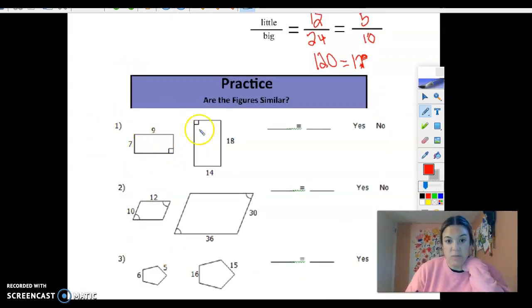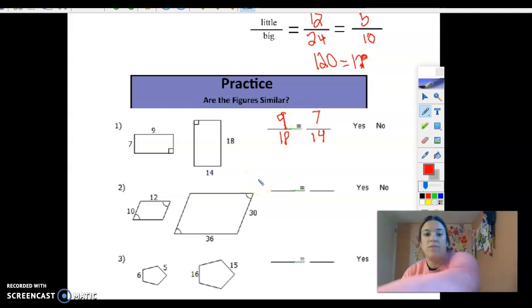All right, so let's practice. Are these two figures similar? So I'm going to say is 9 to 18, so that 9 is on the smaller figure, 18 on the bigger figure, in proportion to each other if the other two sides that are corresponding are 7 and 14. So we have 9 times 14, which is 126.